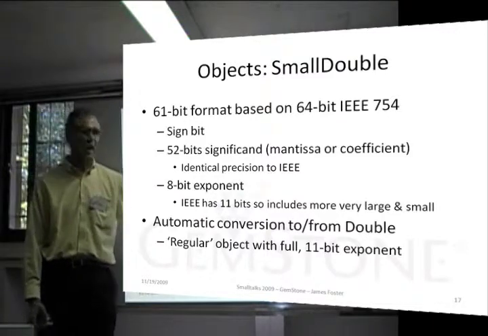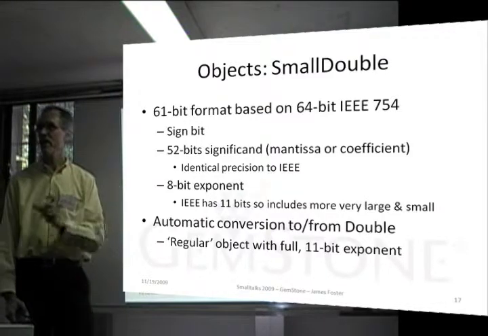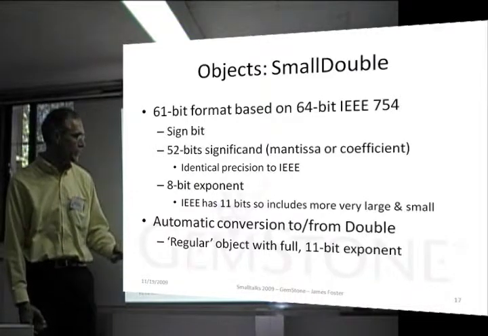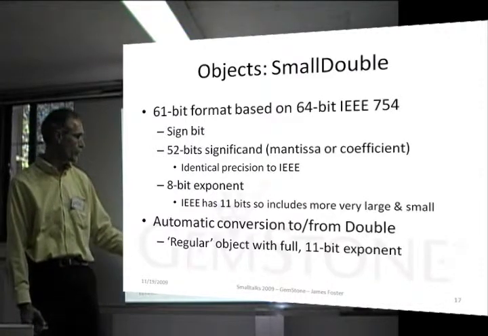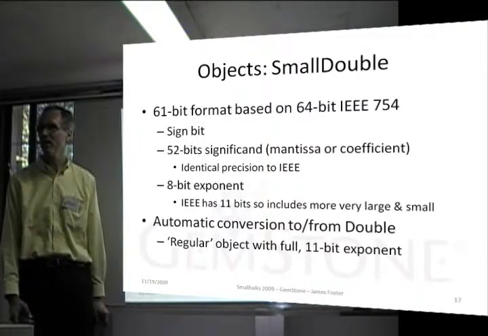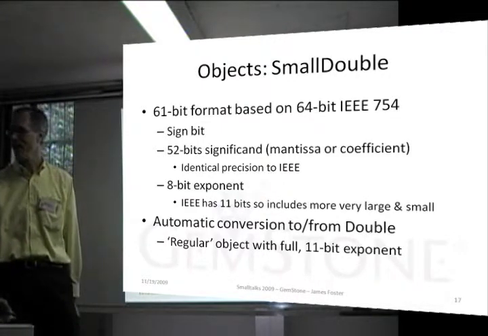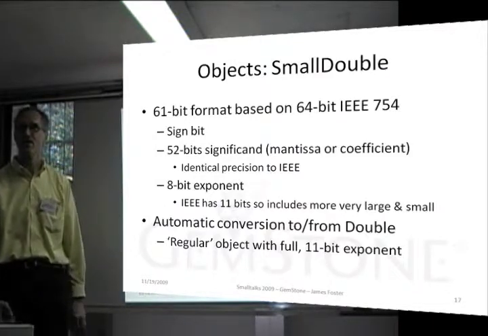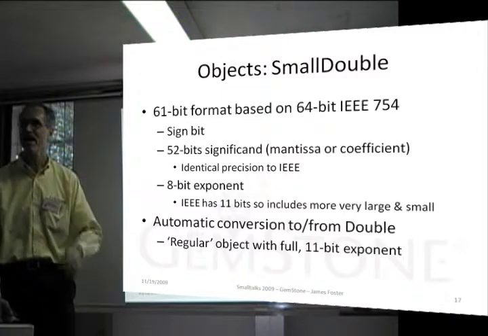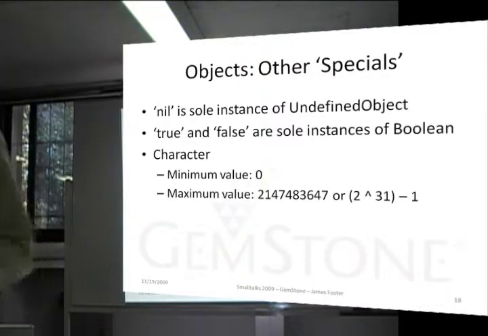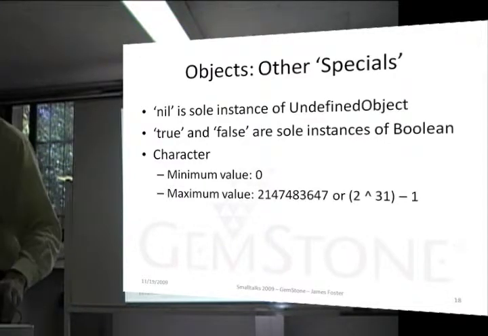So IEEE has a bit more range for very large and very small numbers. But if you need that extra large or small number, it can be converted to a real double instead of being stored directly in the object pointer. So this is again an efficiency, just so it takes up less space and can be compared and manipulated more easily. We have a few other objects.